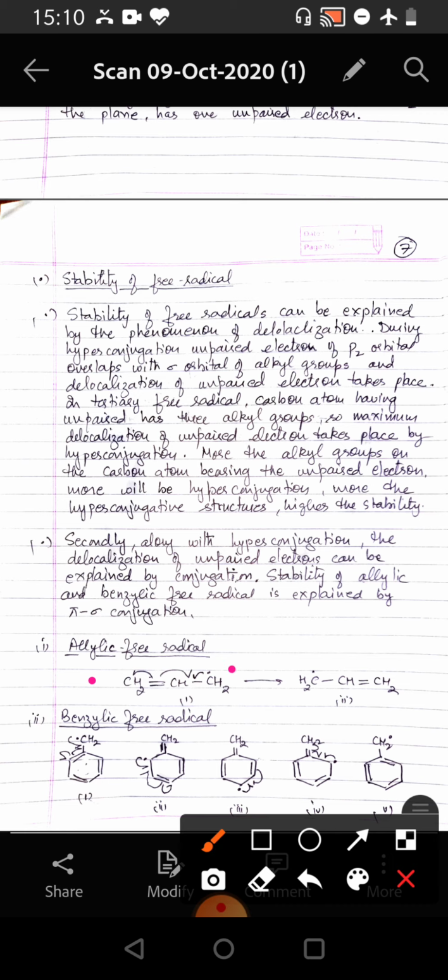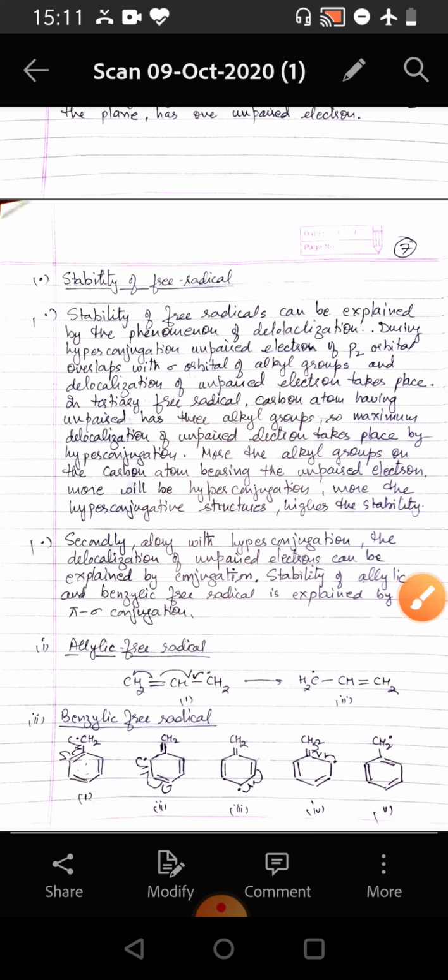The free radical shifts between this CH and CH2, and one electron from the double bond by homolytic fission also joins this carbon electron, forming a double bond between here and this CH. This electron by homolytic fission gets one electron here. So the migration of double bond takes place, and we have two conjugative or two resonant structures.